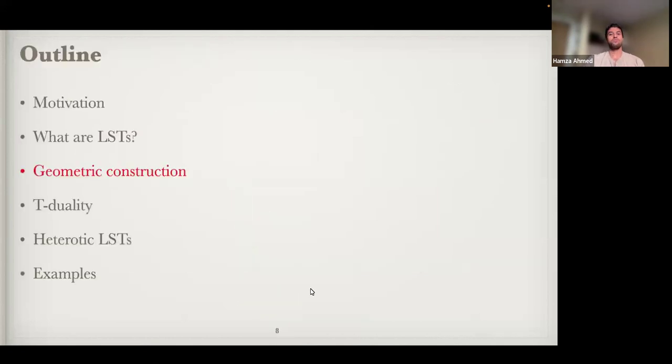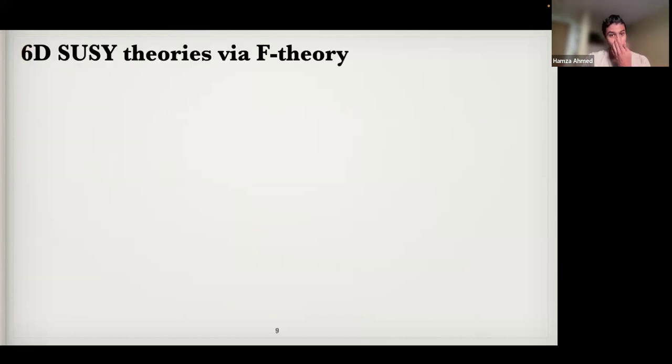All right. So now I've defined for you in a physics motivated way what a little string theory is. Now let me go on to their geometric construction via what I said earlier, this relation between quantum field theories and geometry. One way to get 6D supersymmetric gauge theories is via F theory.